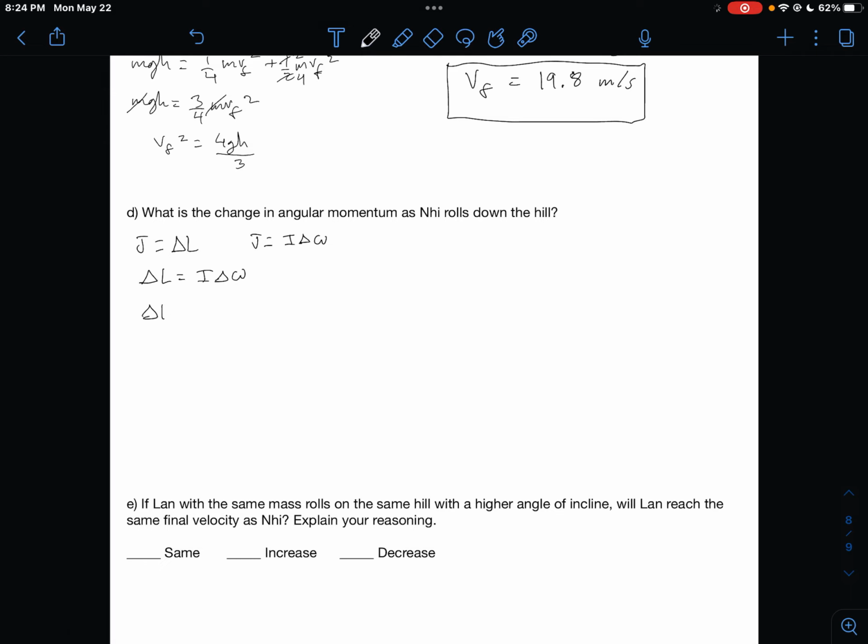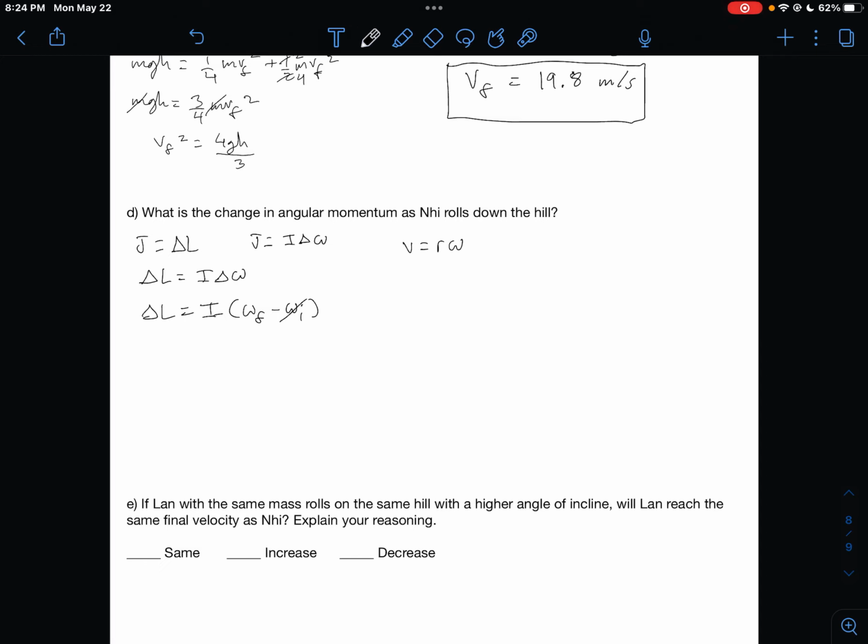And then I know that initially she's not moving, so no initial angular velocity. And to find the final angular velocity, I'm going to use the final velocity I found before.